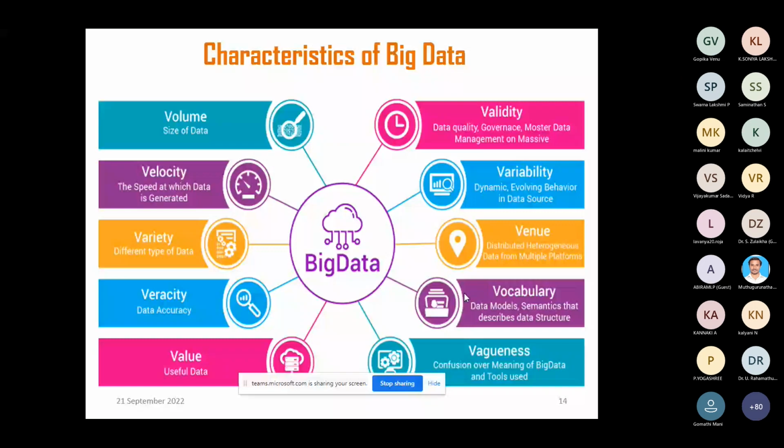Vagueness is completely about the tools that you are going to use, and mostly this is a confusing factor: which tool do I need to use, what is the right tool that I am supposed to use, for what kind of data, which tool will be feasible. So this characteristic defines that.